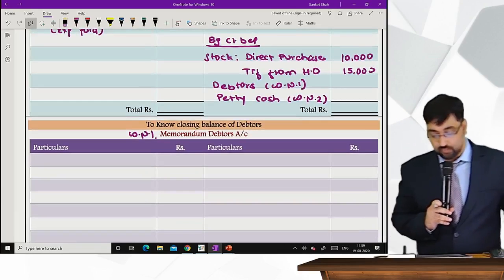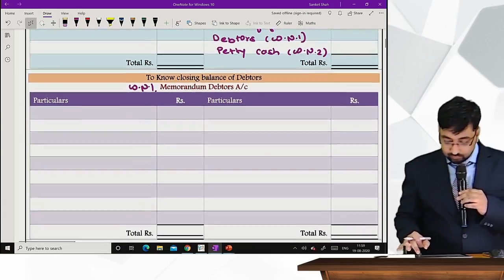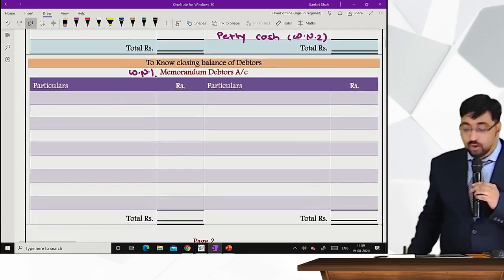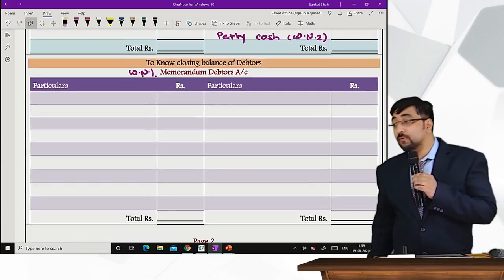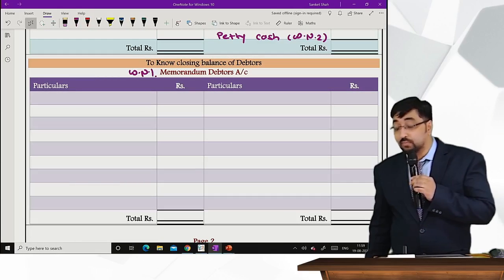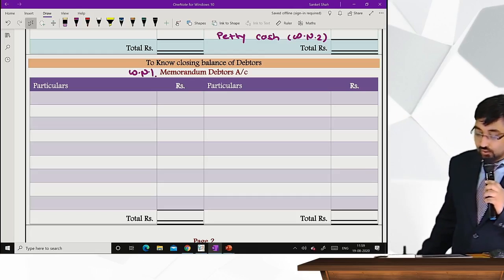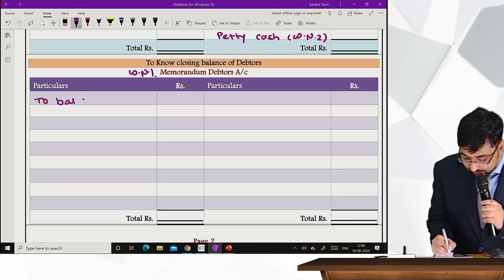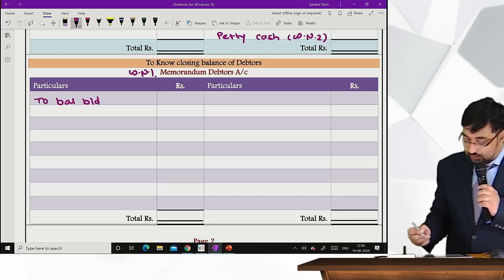Okay, so memorandum debtors account. Now you will think from the angle of branch. Very good. Memorandum account, think from the angle of branch. So I will write opening balances: to balance brought down.